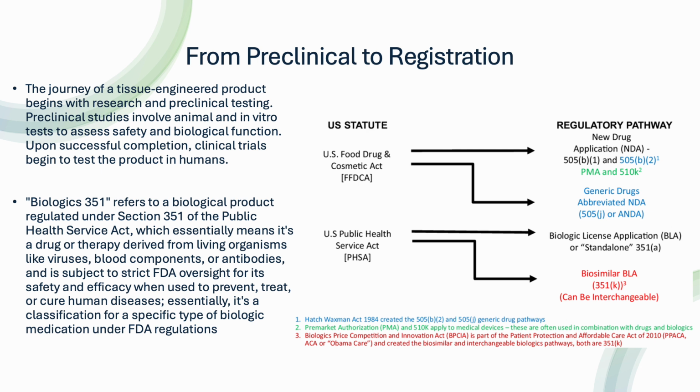Essentially, it's a classification for a specific type of biologic medication under FDA regulations. Hence, we understand that for this type of products, Biologics 351, we will need to go through an investigation on new drug and obviously going through the new drug application.